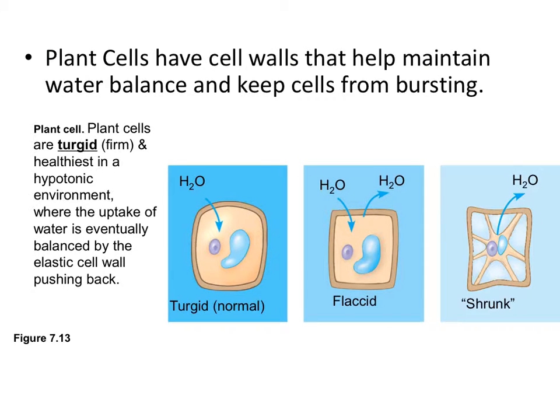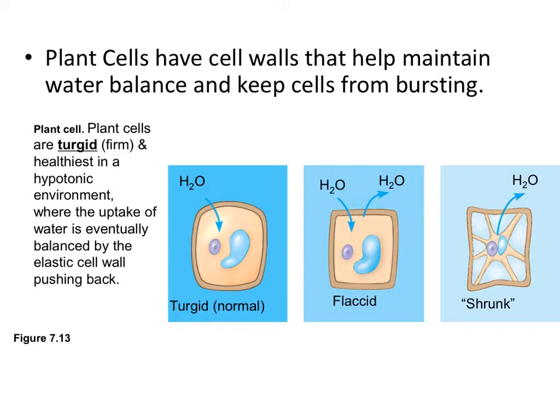Plant cells, since they have cell walls, they don't have the same problem with bursting that animal cells do because the plant cell wall holds sort of the membrane in place. It gives it protection. And so plant cells actually are happiest in a hypotonic environment.